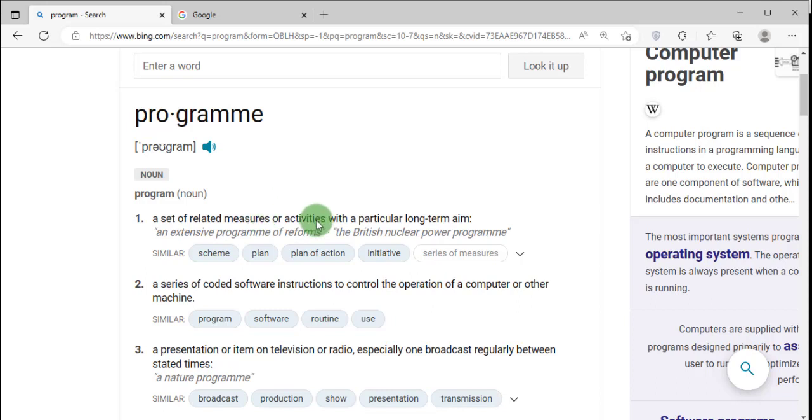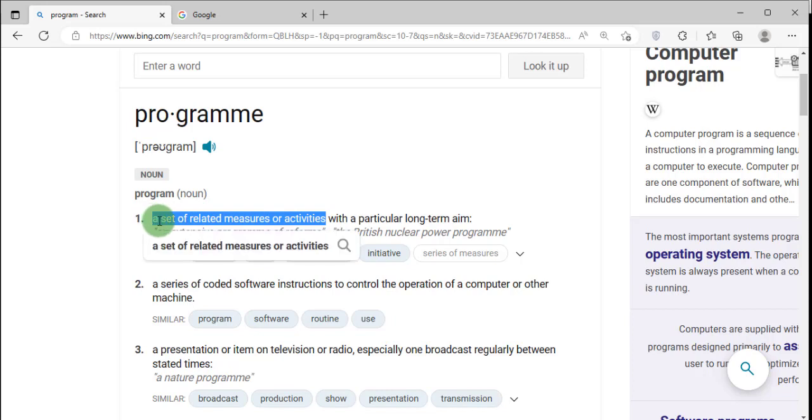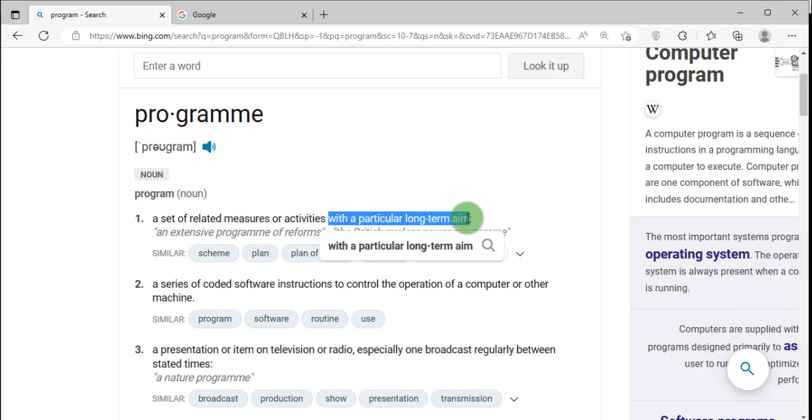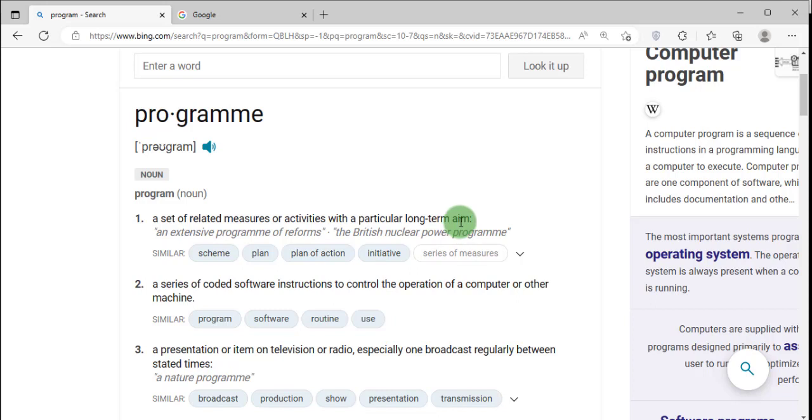As you are seeing, this definition has two parts. One that we have just studied, a set of related measures or activities. And the second part is with a particular long-term aim. Here the word aim is interchangeably used as goal or objective. We can talk about this later on.